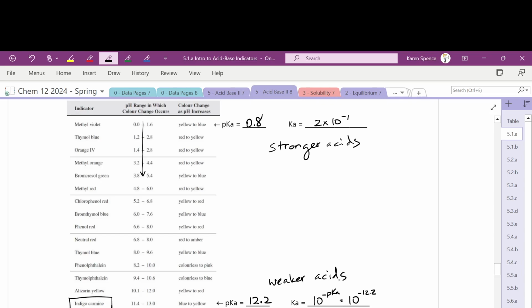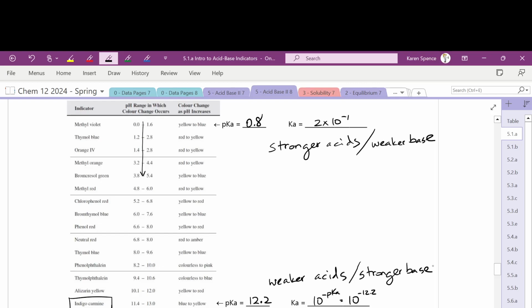But remember, indicators are not just the acid form, they are also the base form. So up at the top, we have the stronger acid, we have the weaker base. And we have the weaker acids at the bottom and the stronger base down at the bottom.